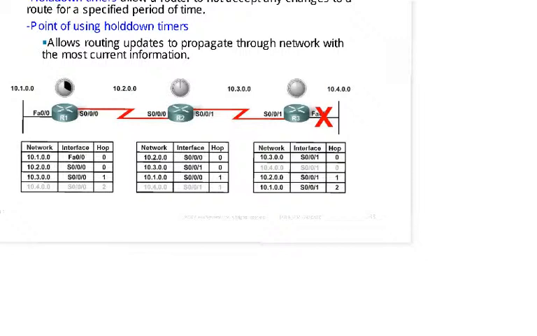If the network comes back up again, then router 3 will say, okay, everything is back to normal, and it will send to router 2 that this network is now back in operation, and router 2 will stop the hold down timer. If that hold down timer expires, then router 2 and router 1 will mark this entry as permanently unavailable.